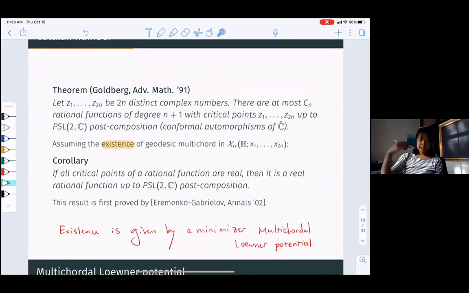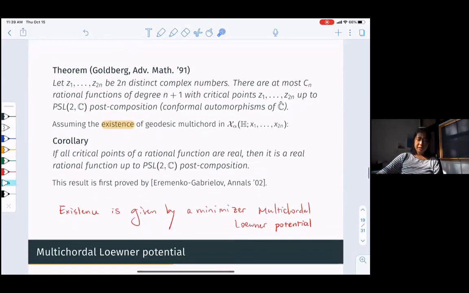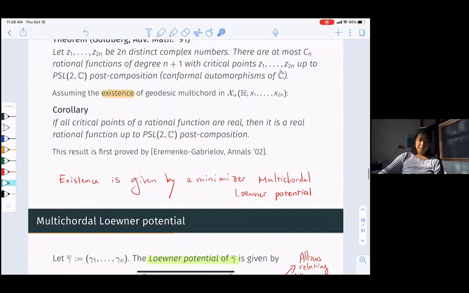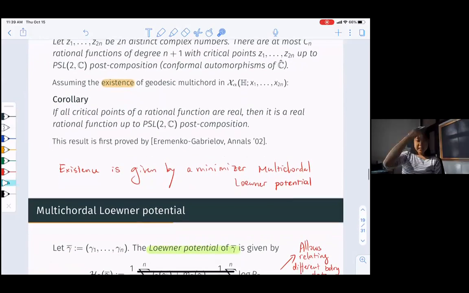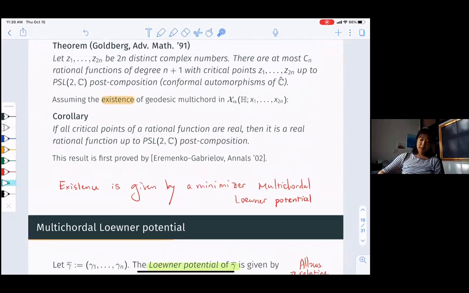So it shows that if your rational function has critical points all real, then it's a real rational function in the equivalence class. This result was first proved by Eremenko-Gabrielov, appeared in Annals of Mathematics. But here we obtain another, analytic proof of this result. Their work is also based on Goldberg's bound.